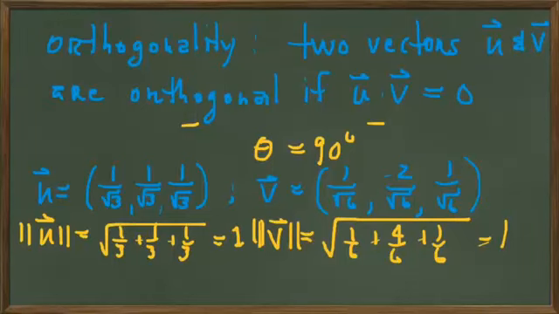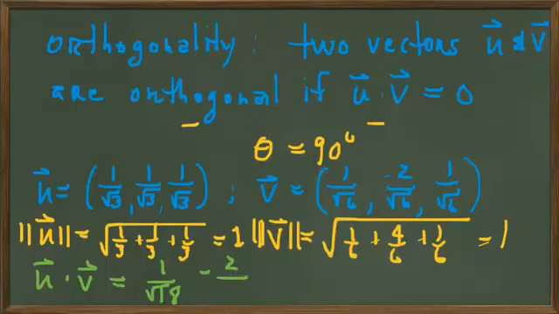And it also turns out that u and v are orthogonal because if we take u dot v, we get u1 times v1, which is 1 over the square root of 18. If we take u2 times v2, we get minus 2 over the square root of 18.